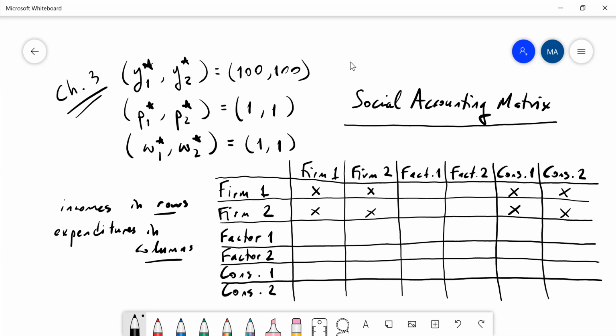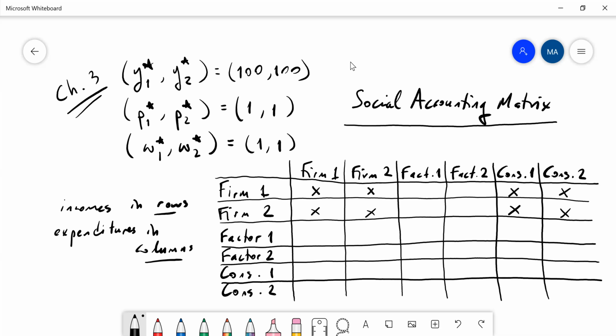And once again, firm 2 will be selling some of its output to firm 1. So firm 1 pays something for firm 2. So this part is firm 2's income stream originating from firm 1 because of the intermediate input demand. And then some portion of the output is again used by firm 2 itself. And then consumer 1 and consumer 2 are paying for the goods or services they buy from firm 2.